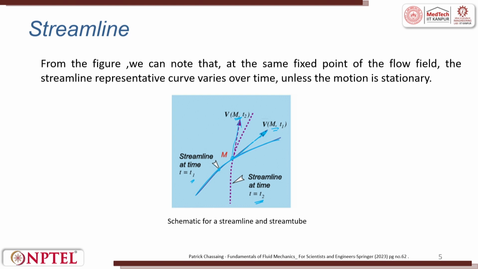From the figure, we can note that at the same fixed point of the flow field, the streamline curve varies over time unless the motion is stationary. There is a tangent which is taken.